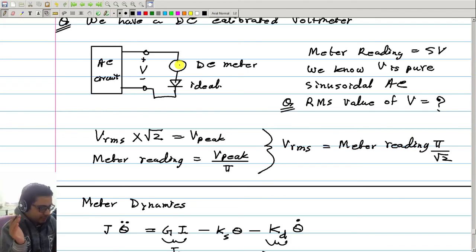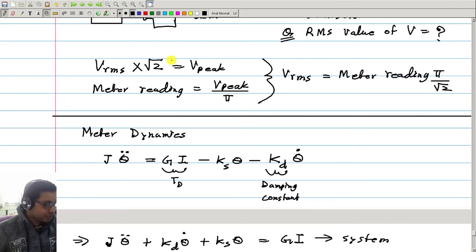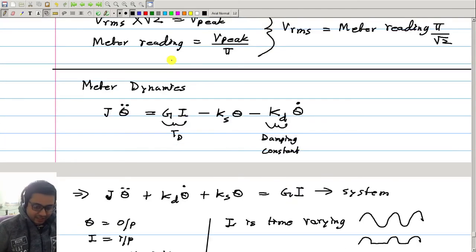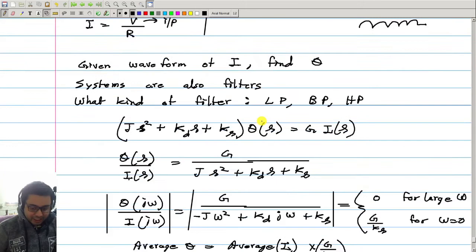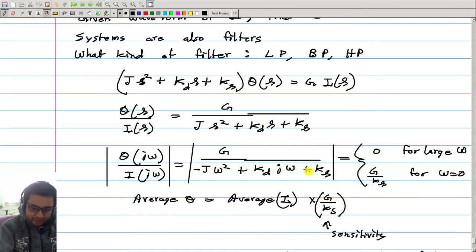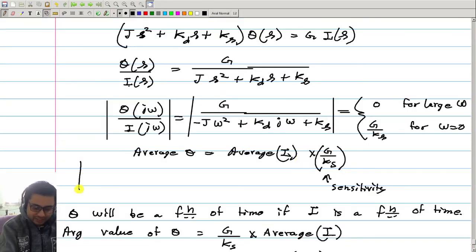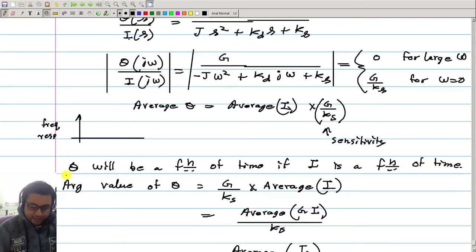But if you are measuring something of natural AC frequency, our 50 hertz, 60 hertz, then when somebody makes a meter, they design these coefficients J, G, Ks, Kd so chosen that the frequency response at 50 hertz will die down to 0.